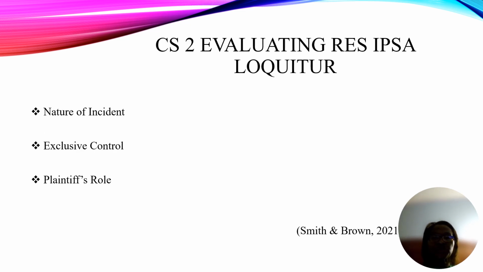Case Study 2, Evaluating Res Ipsa Loquitur. The nature of the incident, excessive control, plaintiff's role. The facts of the case clearly justify the plaintiff's reliance on res ipsa loquitur. The retention of the tubing and the subsequent harm to the patient create a compelling presumption of negligence.